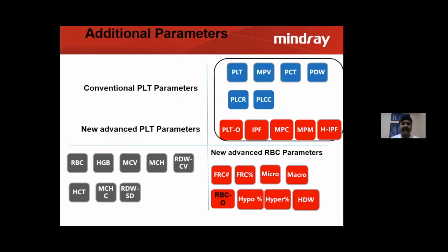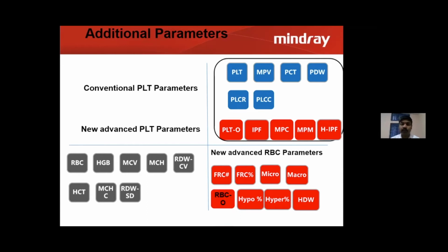So what are the new parameters for platelet? You can see my conventional platelet parameters, that is the platelet count, MPV, PLCC, PLCR, and this kind of parameters, which have already been mentioned by many doctors in the previous lectures. So now what are the new advanced parameters? The new advanced parameters are the optical platelet count, measured after staining the platelet with fluorescent stain. Then comes the IPF. The terminology is a little bit controversial, that is the immature platelet fraction, but I have an answer for that also.